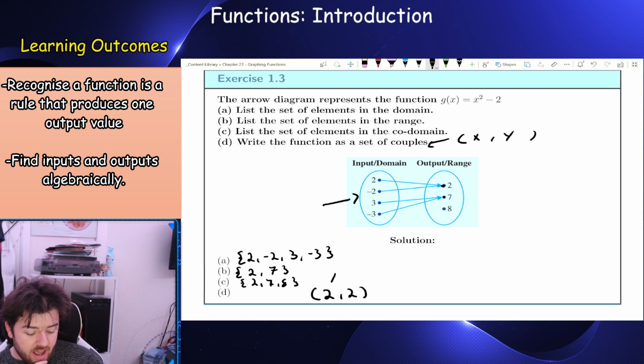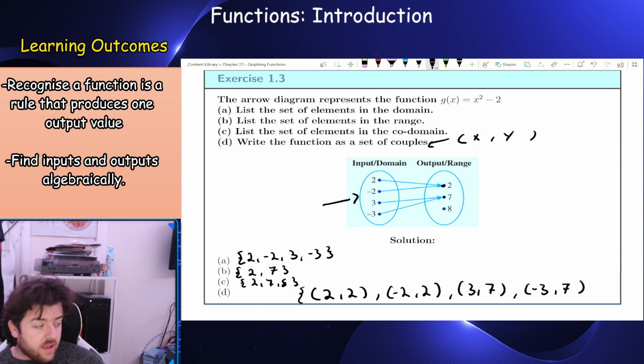So when I have an input of 2, I received an output of 2. My next couple is going to be minus 2, 2, because minus 2 maps to 2. 3 maps to 7, and minus 3, 7, right? And there are the set of couples that I receive from this arrow diagram.